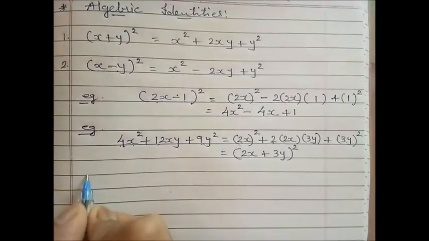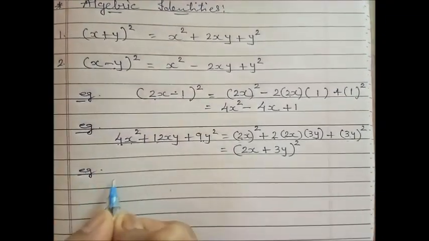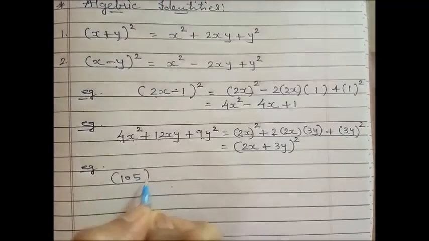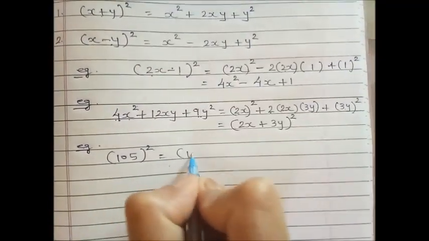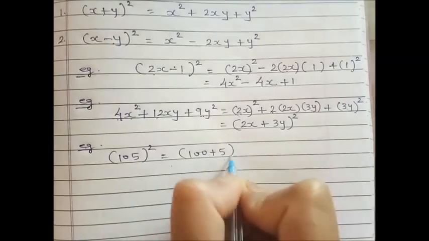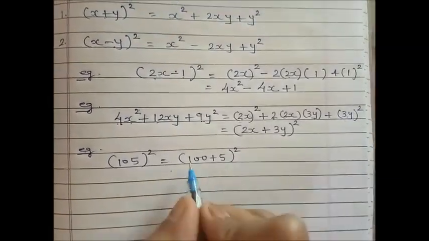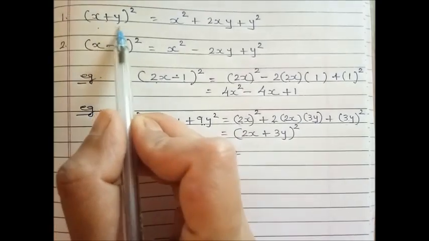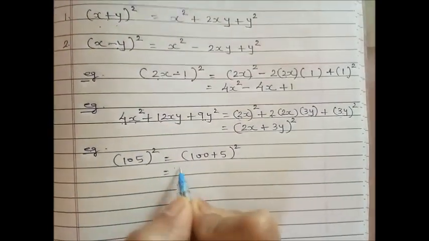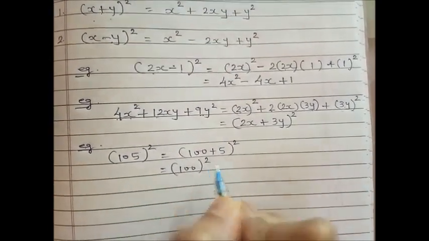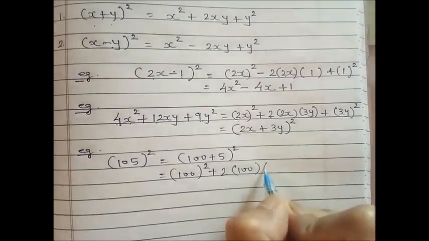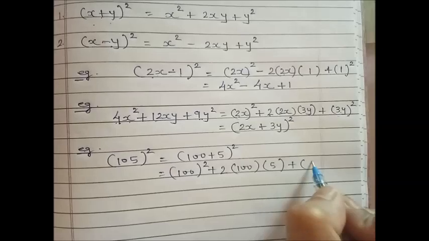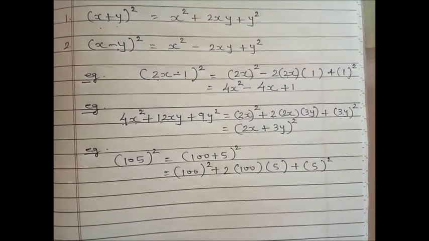Let's take one more example for the numbers, right? Here I am writing 105 square, right? Now 105 means, can we write that 100 plus 5 whole square, right? Now follow the formula, that is x plus y whole square, that is square of 100 plus 2 into 100 into 5 plus 5 square, right?